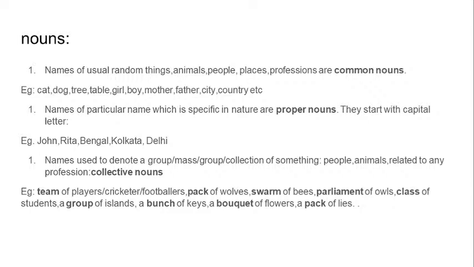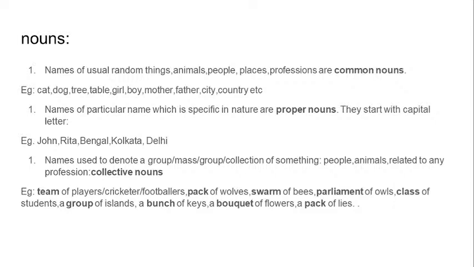We are not specifying any cat or any tree or girl. We are just saying it's a girl, so this is a common name of a kind of gender. Any city, this word city, we are not telling the name of the city. We are just telling that it's a city, so that's a common noun.